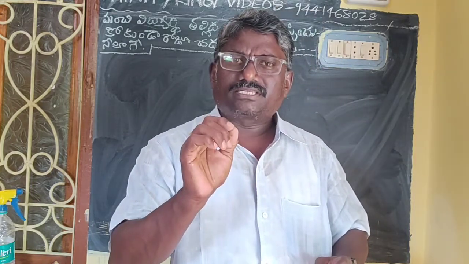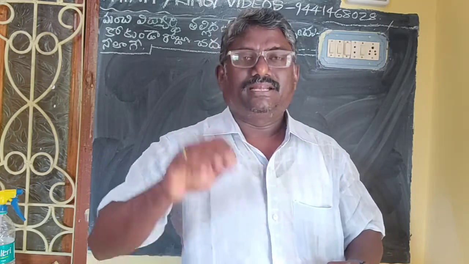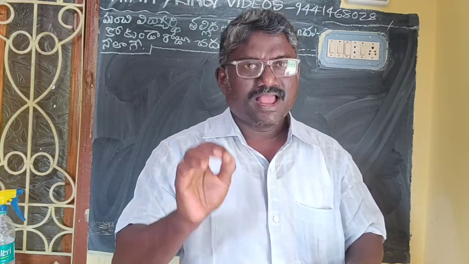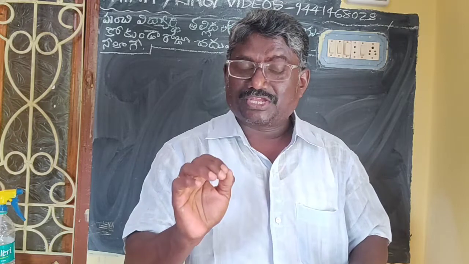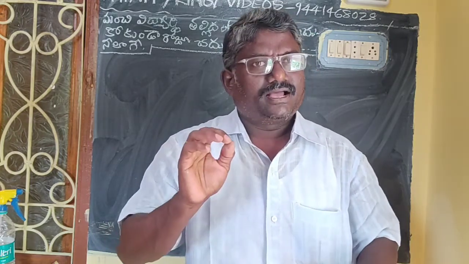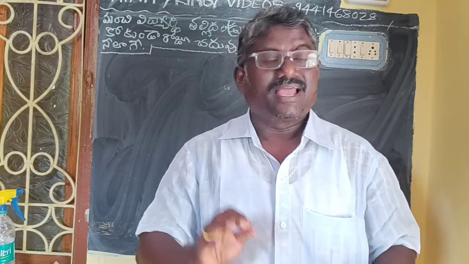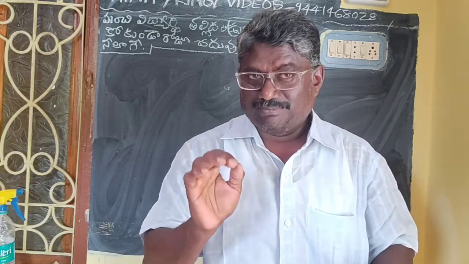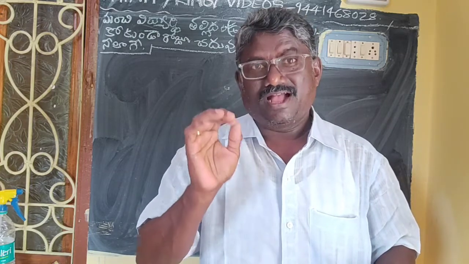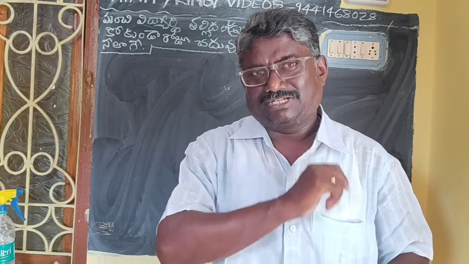The dicot plants have taproot system and reticulate venation. The monocot plants have fibrous root system and parallel venation leaves.